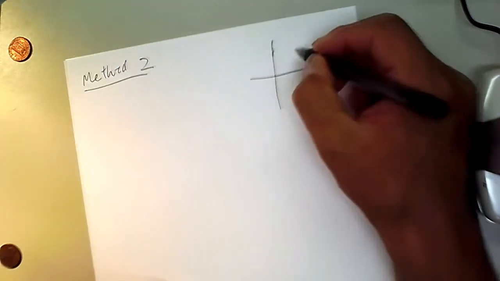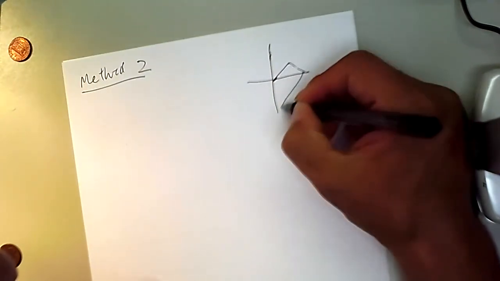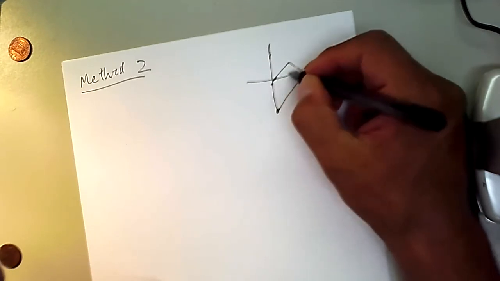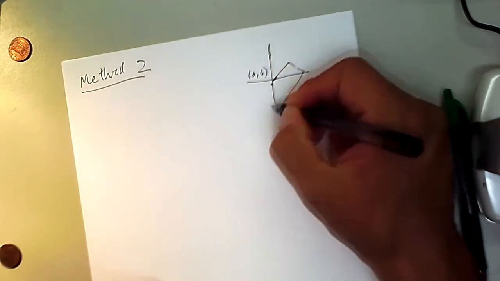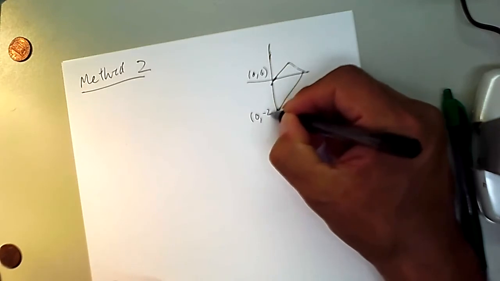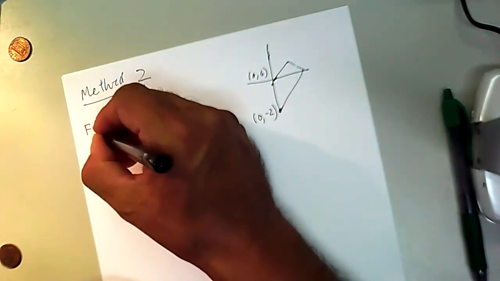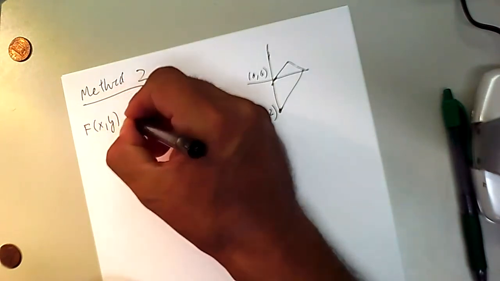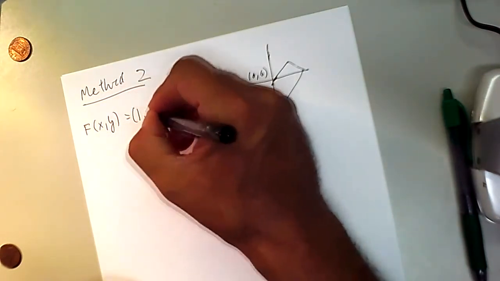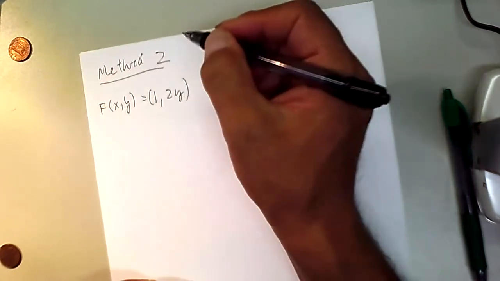I'm just going to sketch very quickly. So we start at 0, 0, and we end at 0, negative 2. The vector field that we are integrating is 1, 2y. Does that have an anti-gradient?